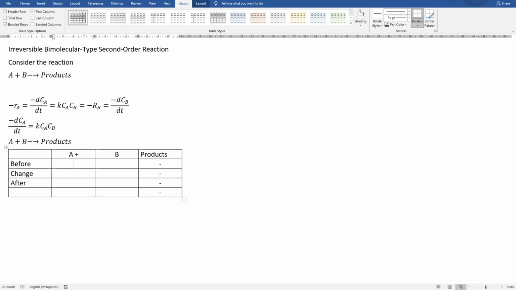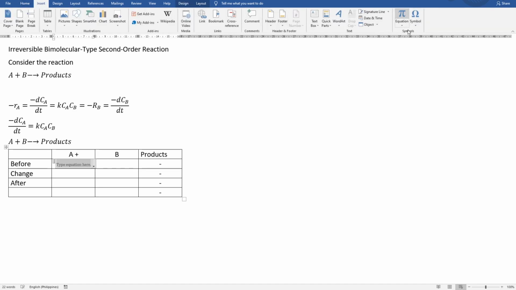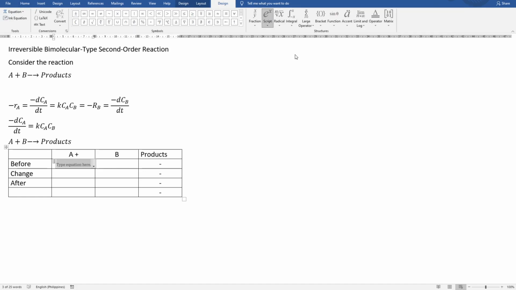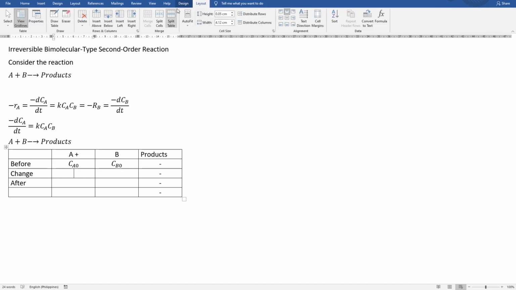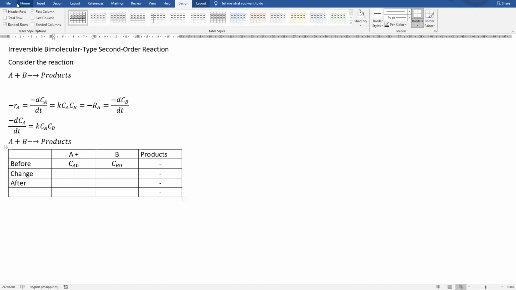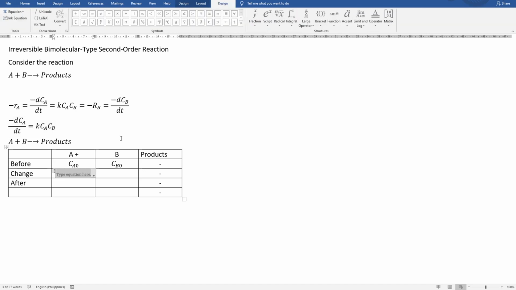So for A we have what? We start with CAO, and for B we start with CBO. And then in the change we have CAO XA.